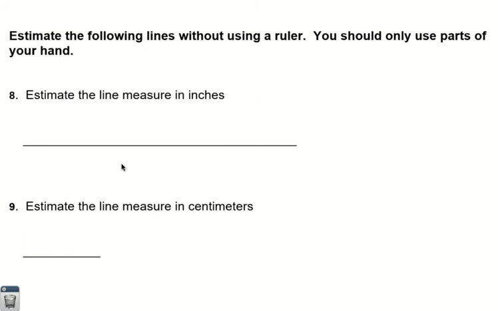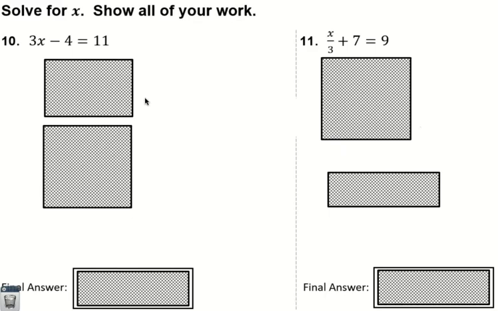But if we were going to do this, you would use the last bone in your thumb, between your thumb tip and your first knuckle, that last half of your thumb. That would be like an inch. And then a centimeter is like the width of your pinky. Anyway. Skip.